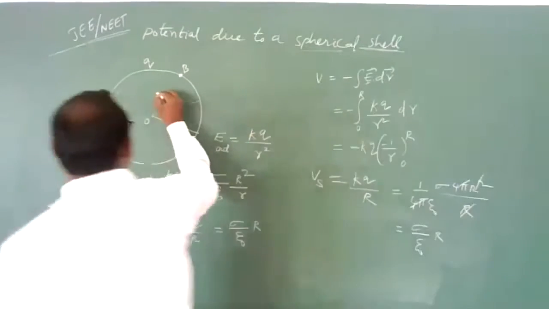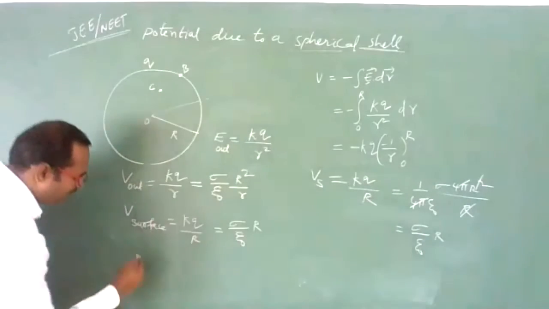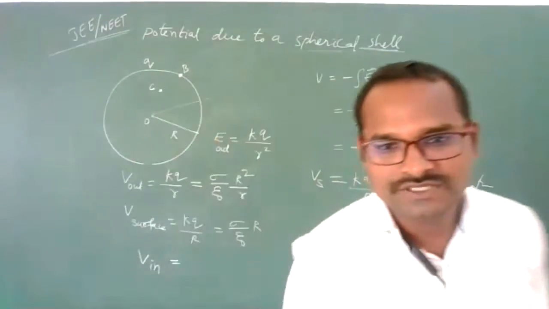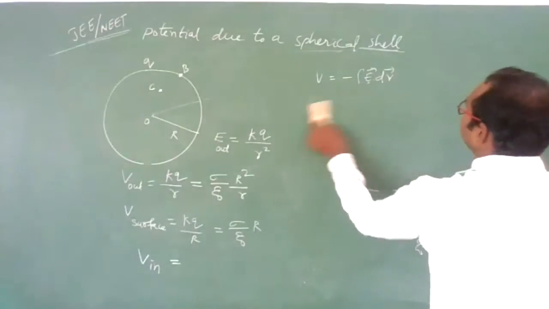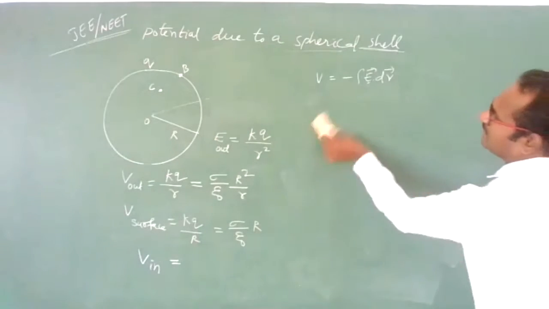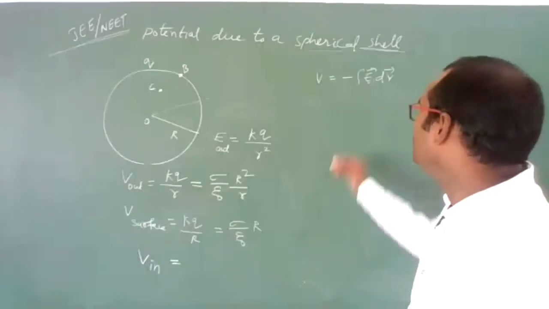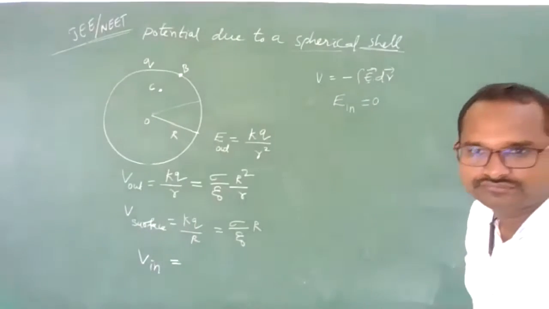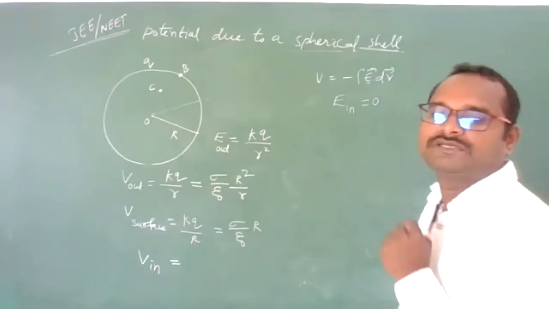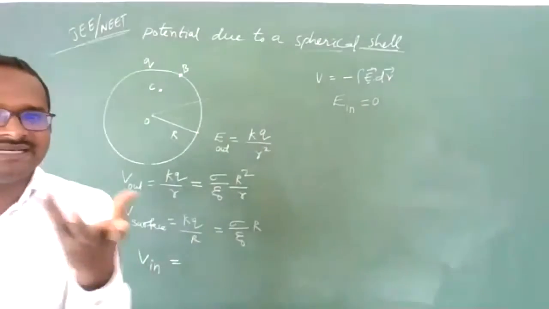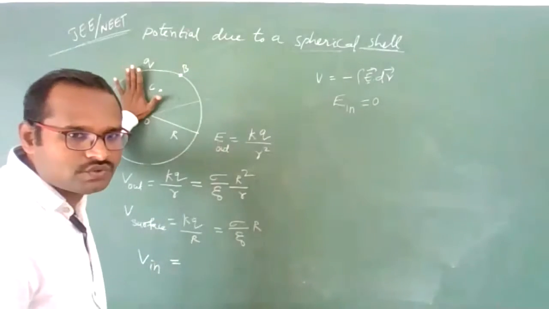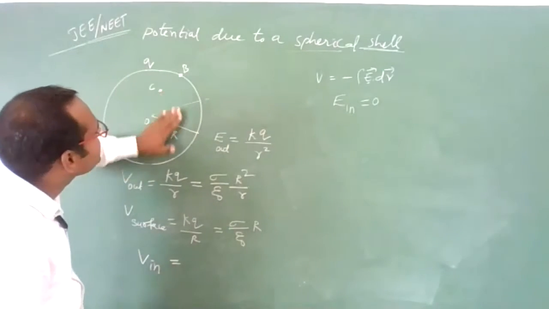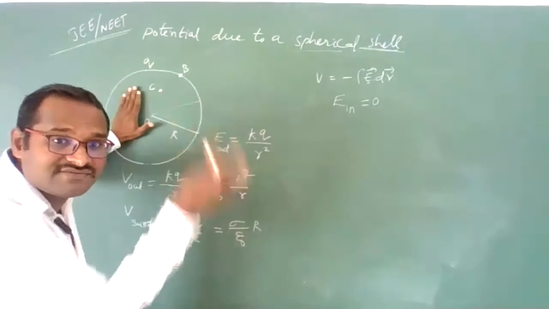Now let us find the potential at any inside point. See, students, it is a spherical shell. As you know, the electric field inside is always 0. According to Gauss law, the electric field inside this spherical shell is always 0 because there is no charge inside; charge resides only on the surface.